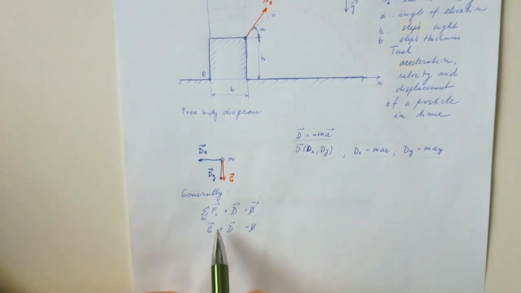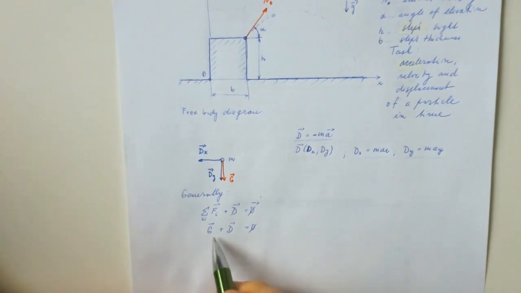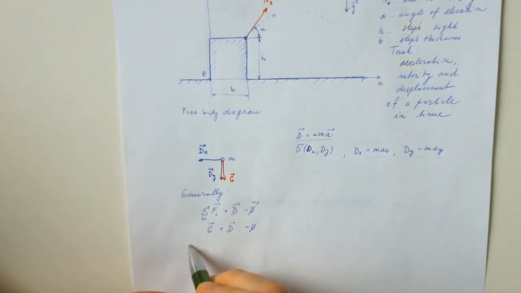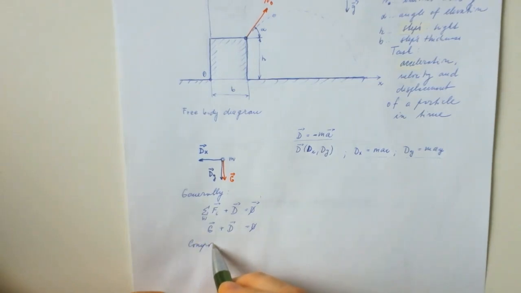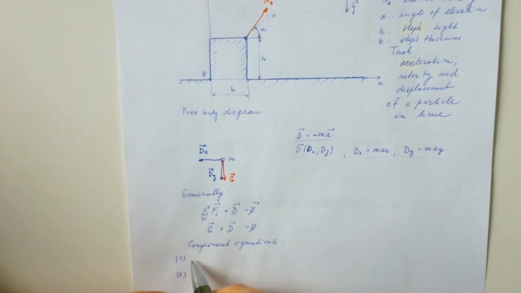Because we work in a two-dimensional Cartesian system, we can make two component equations in directions x and y.